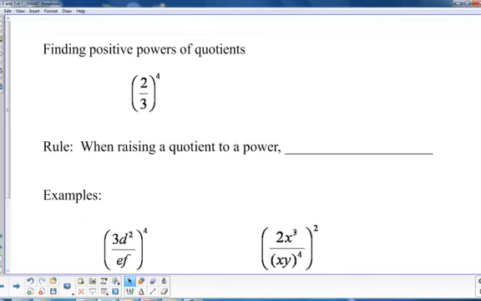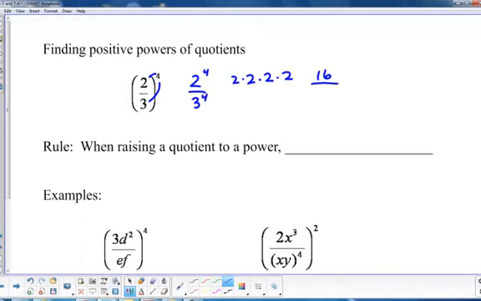All right, we're going to raise both the top and the bottom to the 4th. So 2 to the 4th over 3 to the 4th. So 2 times 2 is 4, times 2 is 8, times 2 is 16. 3 times 3 is 9, times 3 is 27, times 3 is 81. And we can leave it like that.